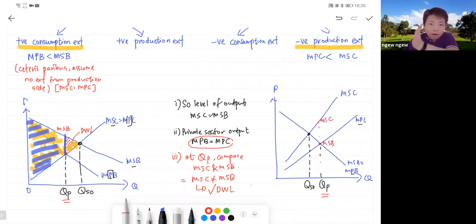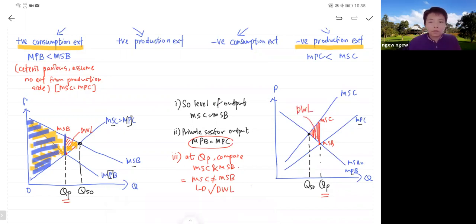Okay, and drive it to the socially optimum level of output, that is your deadweight loss. This area shows your deadweight loss. Okay. Now, that's the way that we can draw the diagram and we can identify the level of output, socially optimum and private sector, and also we can identify deadweight loss.